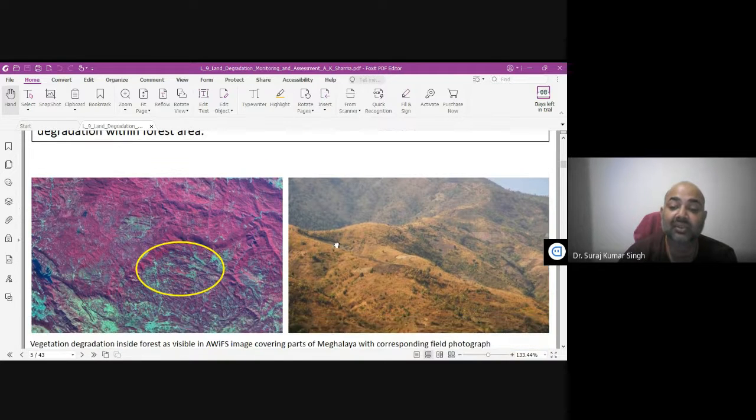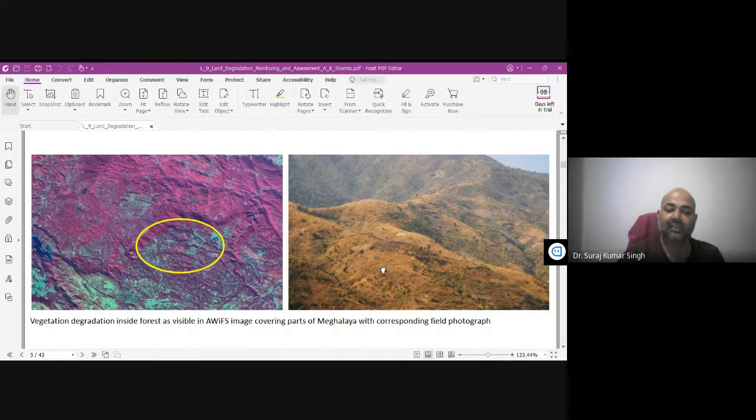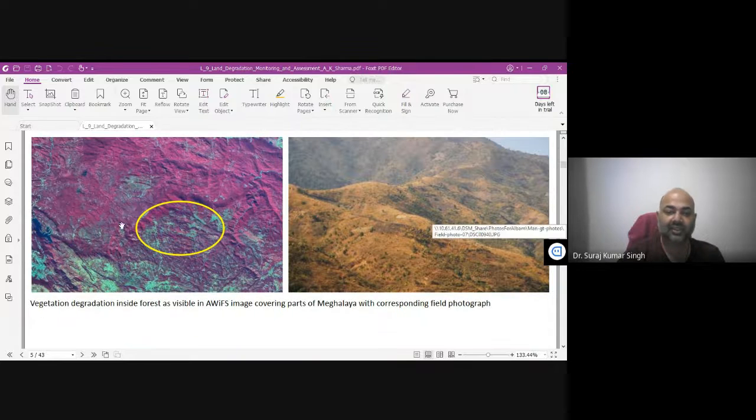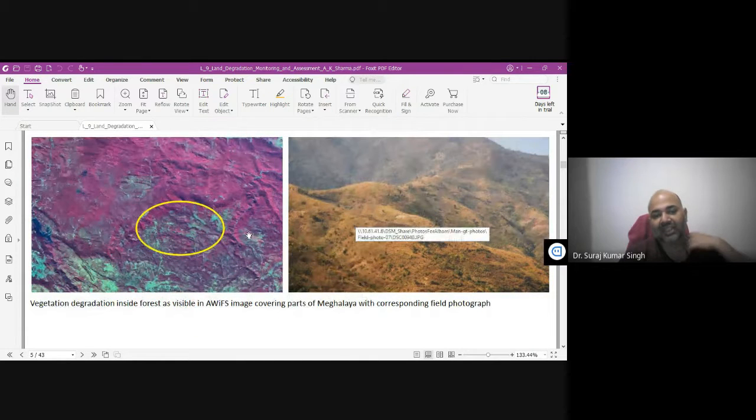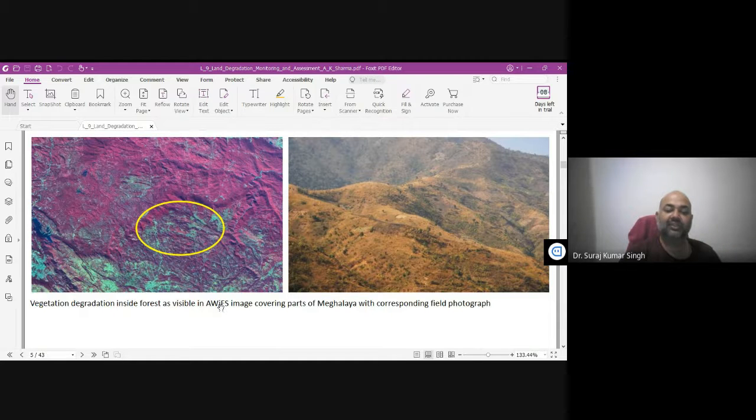So many times you will find some agriculture going on within the protected area or the protected forest, and such area will be seen using satellite images and field photography. You can see a vegetation degradation inside a forest as visible in an advanced wide field sensor image covering parts of Meghalaya with the corresponding field photograph.